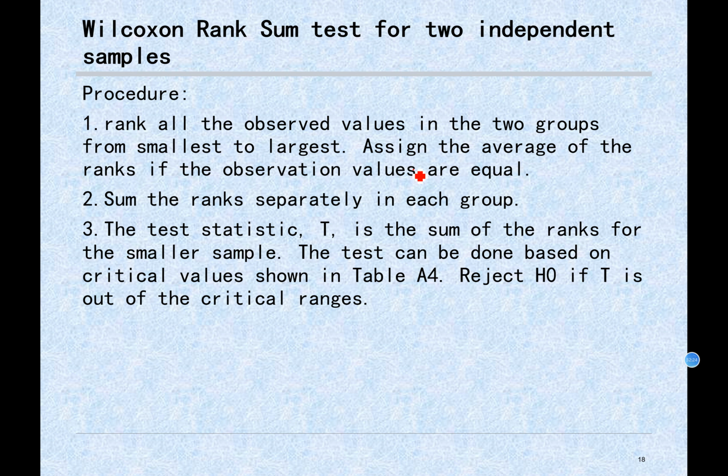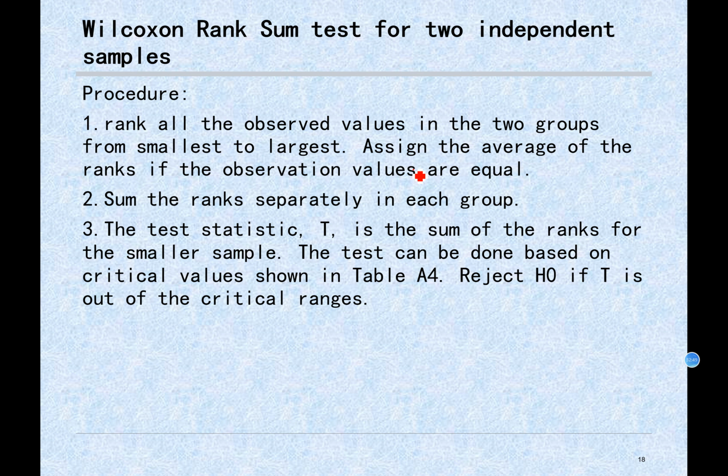The test can be done based on critical values shown in table A4. We need to reject H0 if T is outside the critical range. So that means we need a new table here in this method. That is table A4, not table A3 anymore.